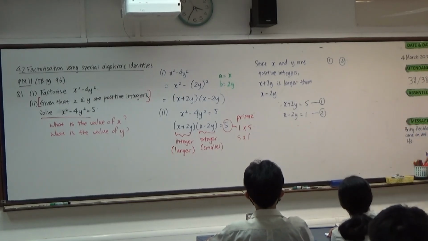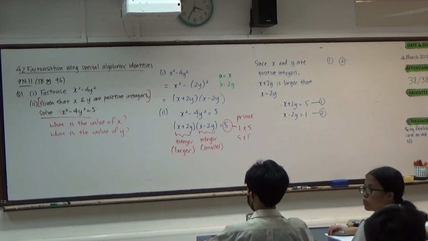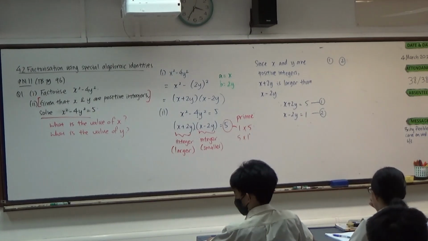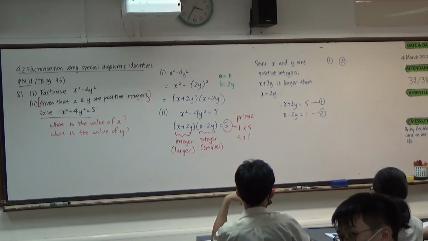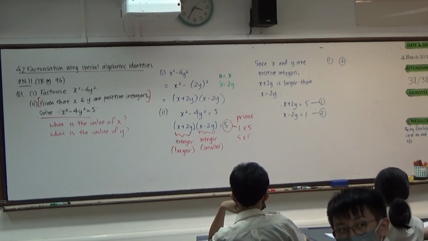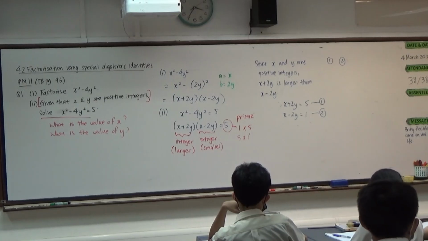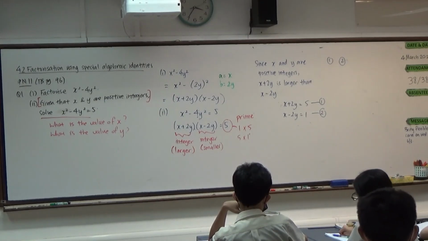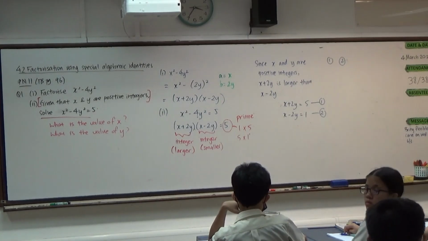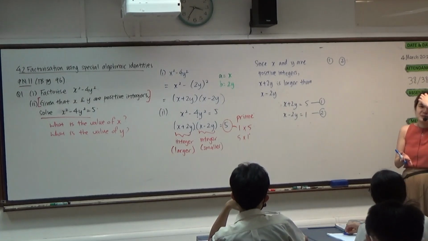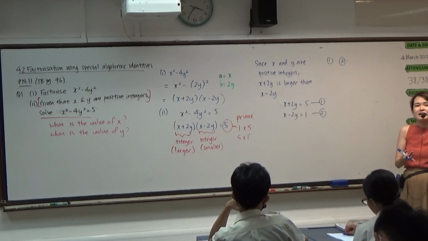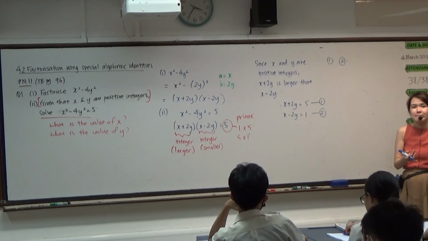Equation 1 and equation 2, plus or minus? Joel. Joel, you want to answer or Mary? You're not standing, is it? Okay, so I think Trina looks a bit slower. Trina, will you do equation 1 plus equation 2 or equation 1 minus equation 2?